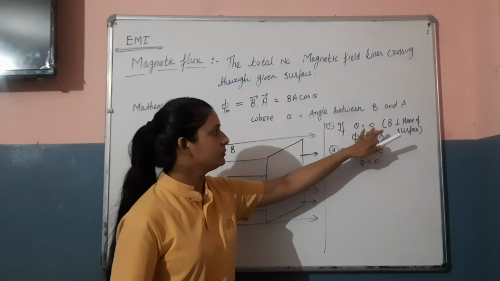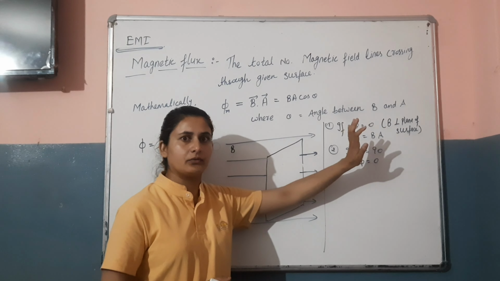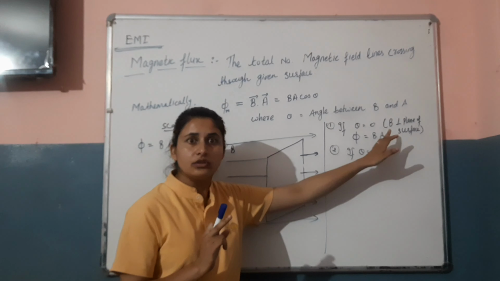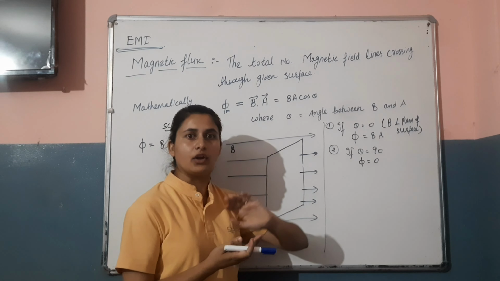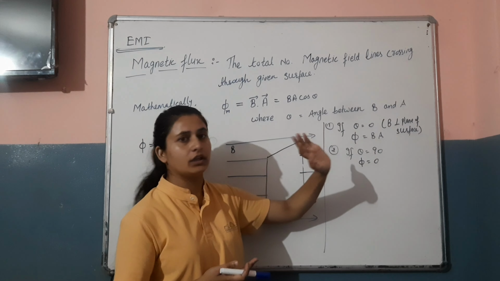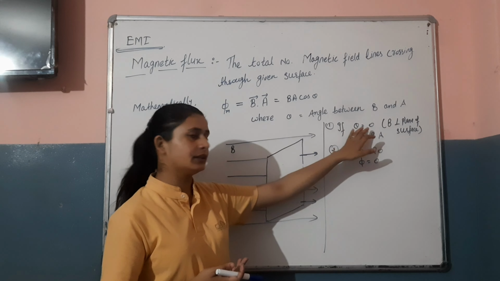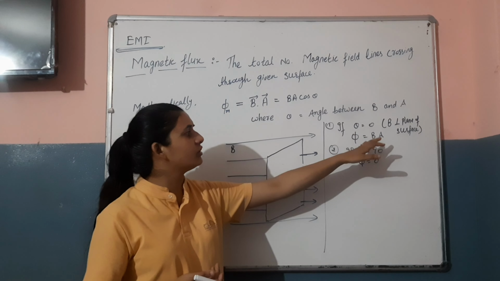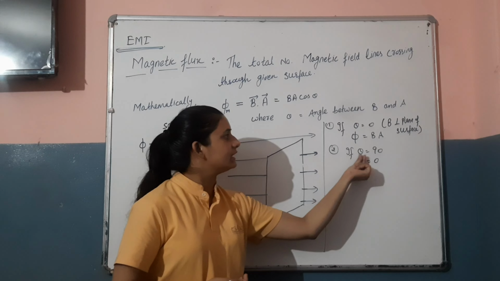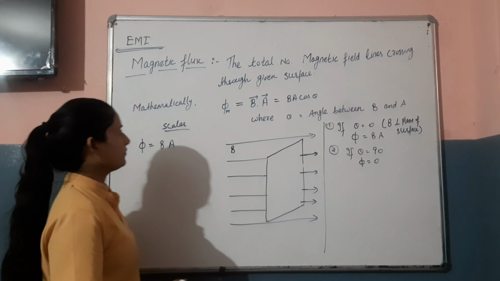If theta is 0, it means magnetic field is perpendicular to the plane of surface, and we all know that the direction of area is also perpendicular to the plane of surface. So the angle between B and A is 0 and phi becomes BA because cos 0 is 1. If theta is 90, then magnetic flux is 0.